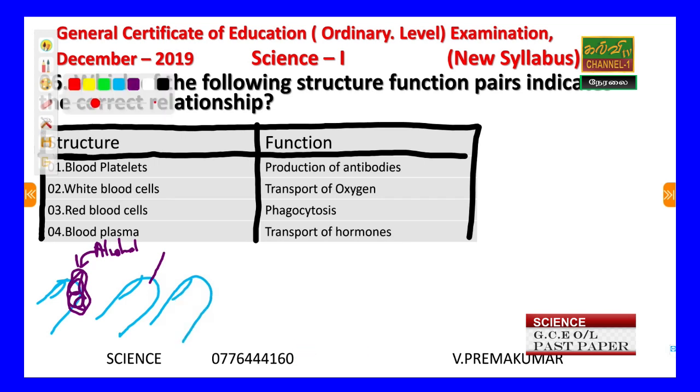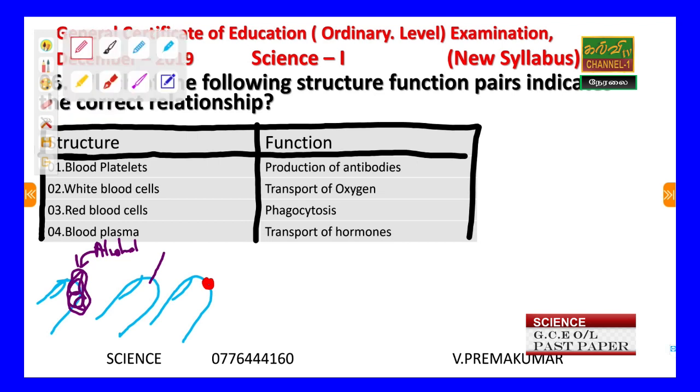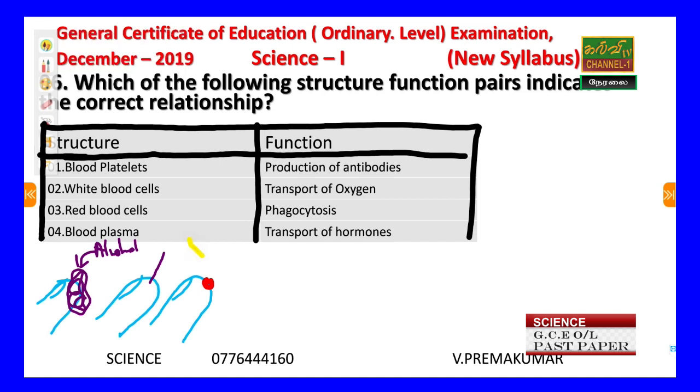Then we can use a glass slide, and the glass slide now contains the blood.